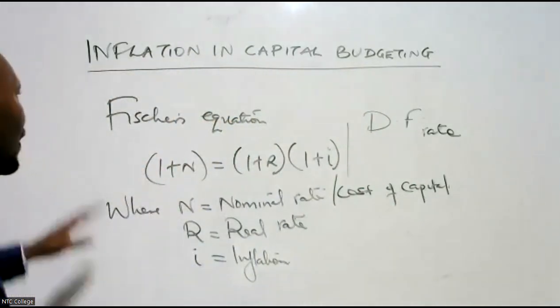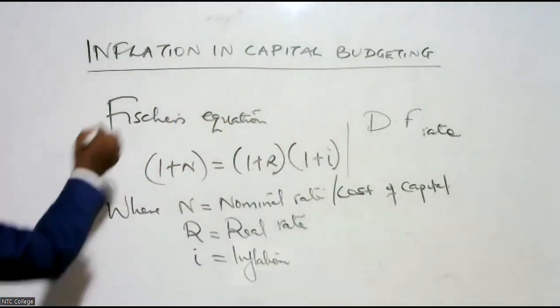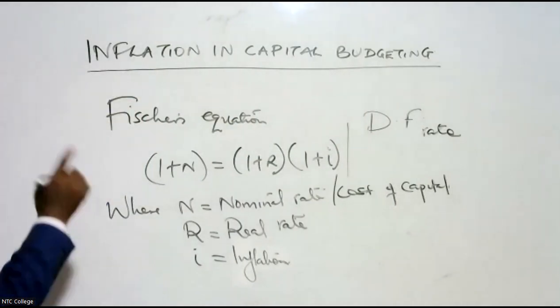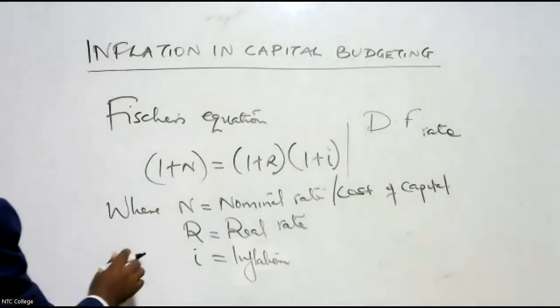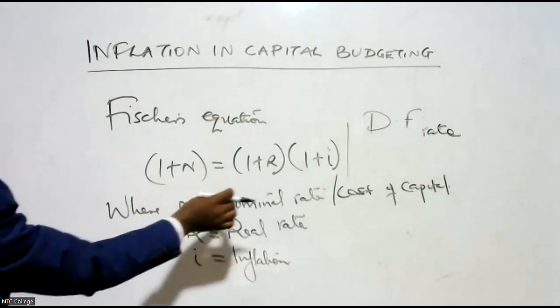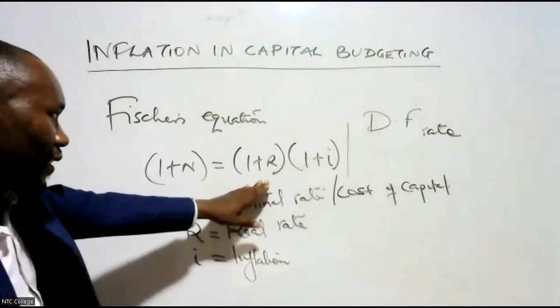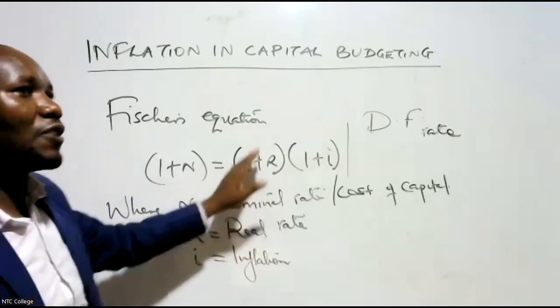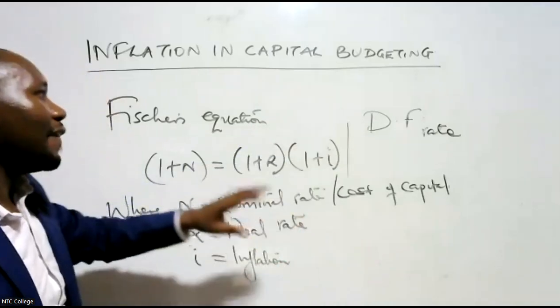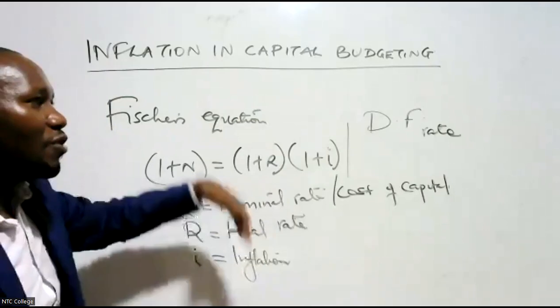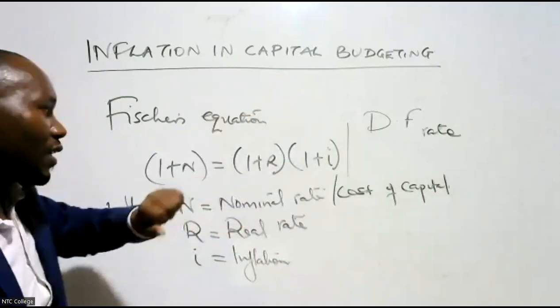So there is a formula here, which is called Fisher's formula. Fisher's formula or equation is used to determine the real rate and the nominal rate. The examiner can give you the real rate and then tell you that the cash flows are nominal, and then they want you to calculate NPV using nominal cash flows.